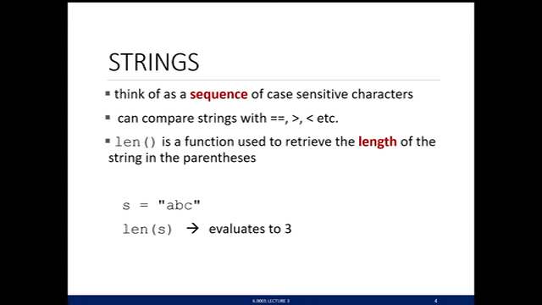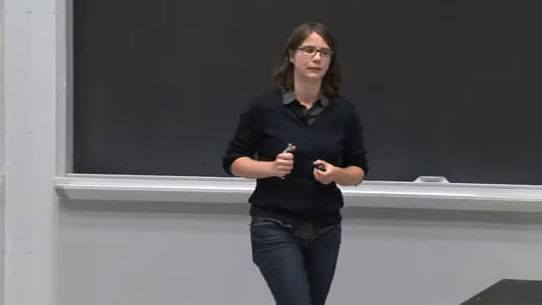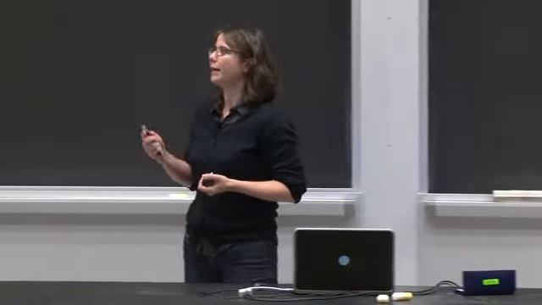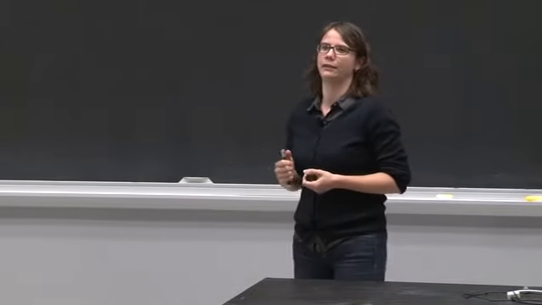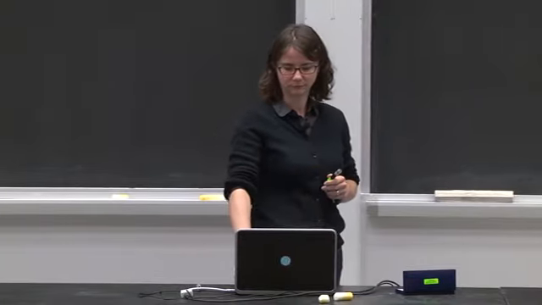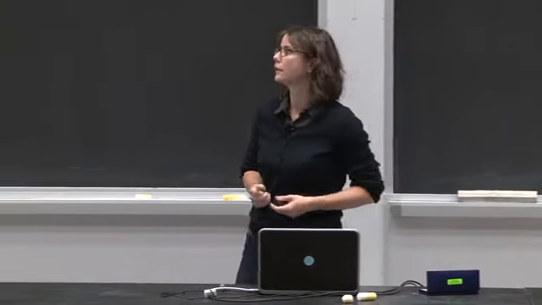So if I have the string s equal to ABC, remember a string is in quotation marks, then if I write this expression len(s), since it's an expression, it has a value. It evaluates to a certain value, and by definition, it's going to tell me the length of the string, which is 3 characters long.